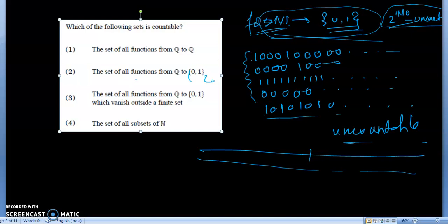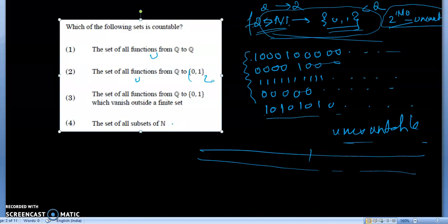And if, instead of {0, 1}, we take Q, the number of functions from Q to Q is also uncountable, since Q to {0, 1} is uncountable.